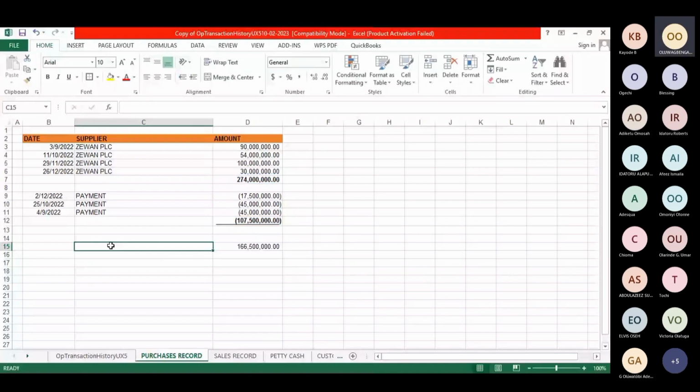So this means this balance due to supplier 166,500,000 is due.